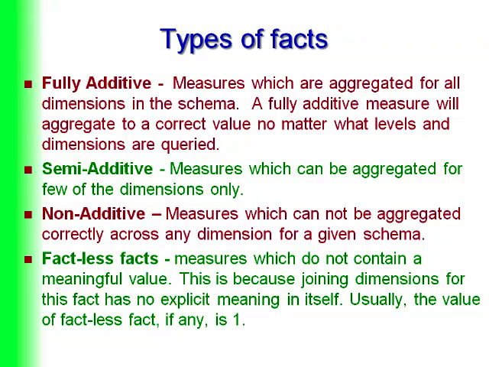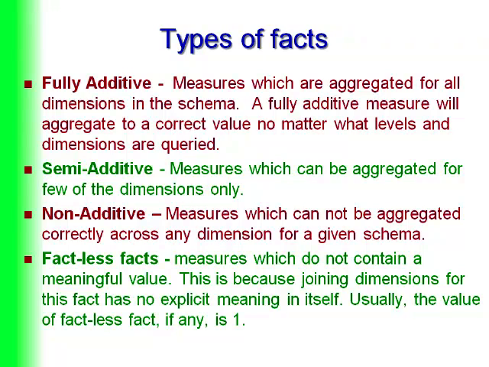Measures which are aggregated for all dimensions in the schema are termed fully additive measures or fully additive facts. A fully additive measure will aggregate to a correct value no matter what levels and dimensions are queried, because we are considering all the dimensions.